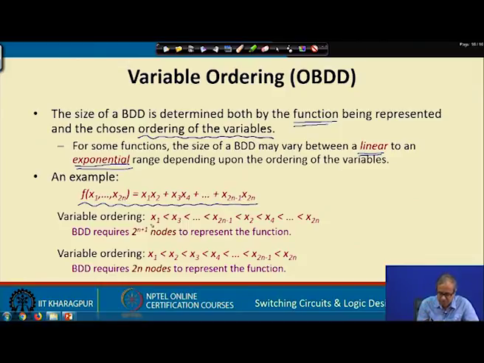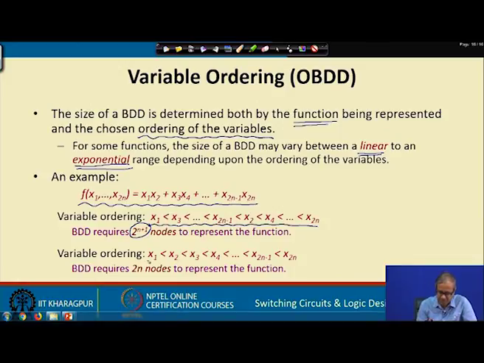So, if I use variable ordering like this, first I choose the odd numbered variables x1, x3, x5 and so on, then I choose the even numbered variables, then it can be shown that I will require an exponential number of nodes in the reduced or minimum BDD representation.